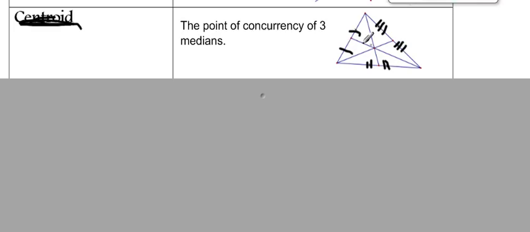The next point of concurrency is called the circumcenter. The circumcenter is formed by 3 perpendicular bisectors of a triangle. So if I take this side of the triangle and construct its perpendicular bisector, perpendicular means it meets at a right angle, bisector means it cuts the segment in half.